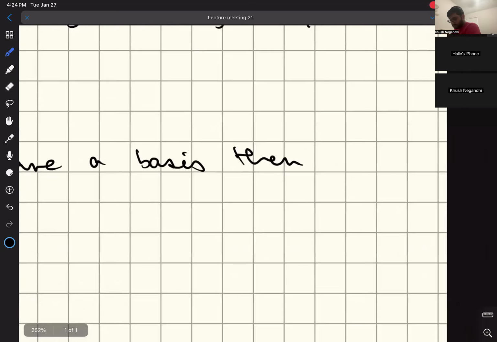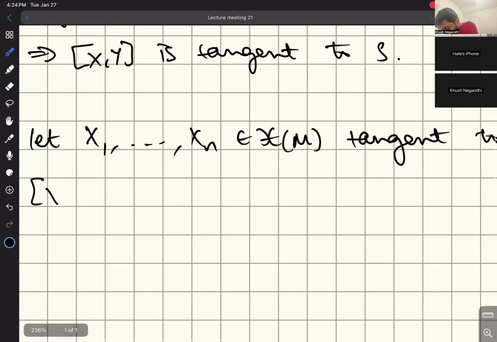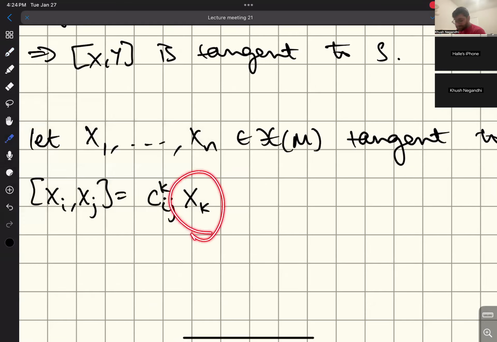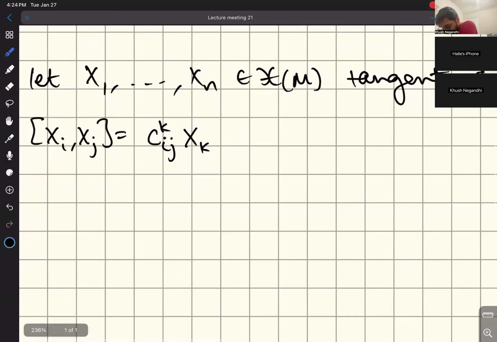Then if I take the Lie bracket of the ith one and the jth one, I should get a linear combination of the other ones. And moreover, the prefactors should be smooth functions on M. This condition right here is called the Frobenius condition.